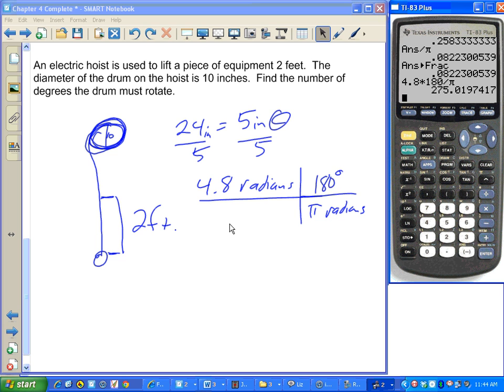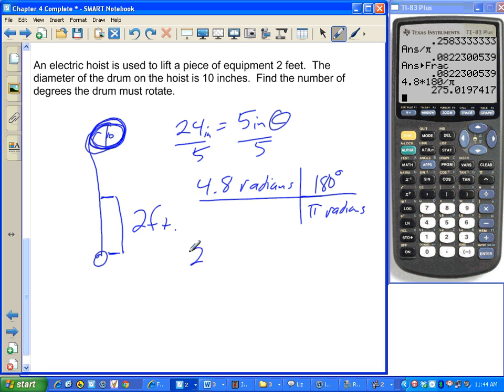So that's how many degrees I have to rotate. 275.02 degrees. I'd have to spin the drum that many degrees, which isn't quite a full circle even, in order to get 2 feet to go up.